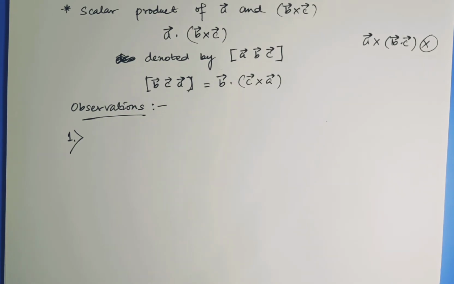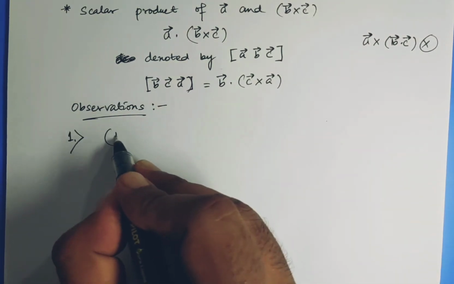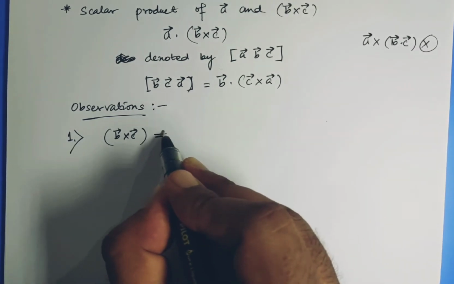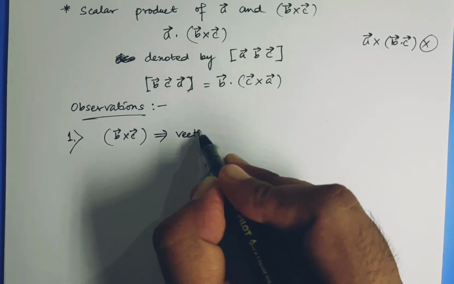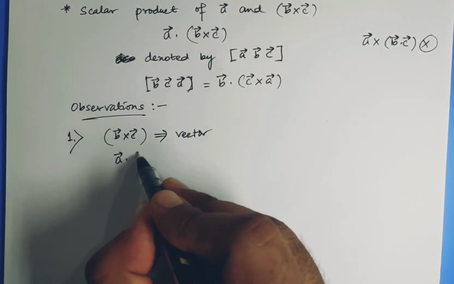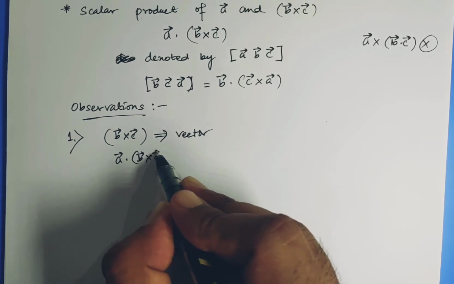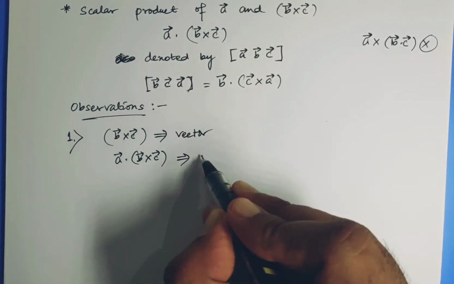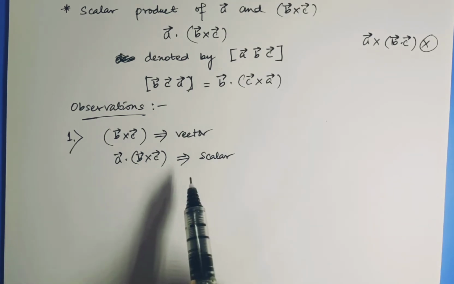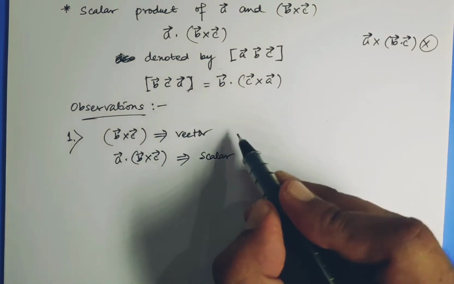The first observation is we have B cross C. This one is a vector, right? So if I do A dot B cross C, this one will be a scalar. That is our first observation. It's simple as that. So A dot B cross C, the scalar triple product, gives a scalar quantity.